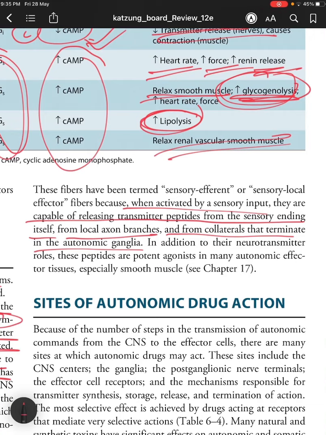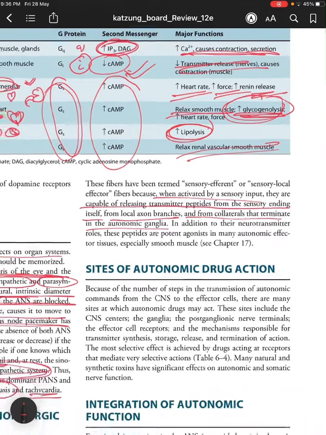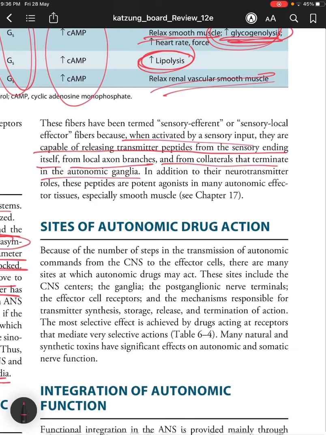In addition to their neurotransmitter roles, these peptides are potent agonists in many autonomic effector tissues, especially smooth muscle.